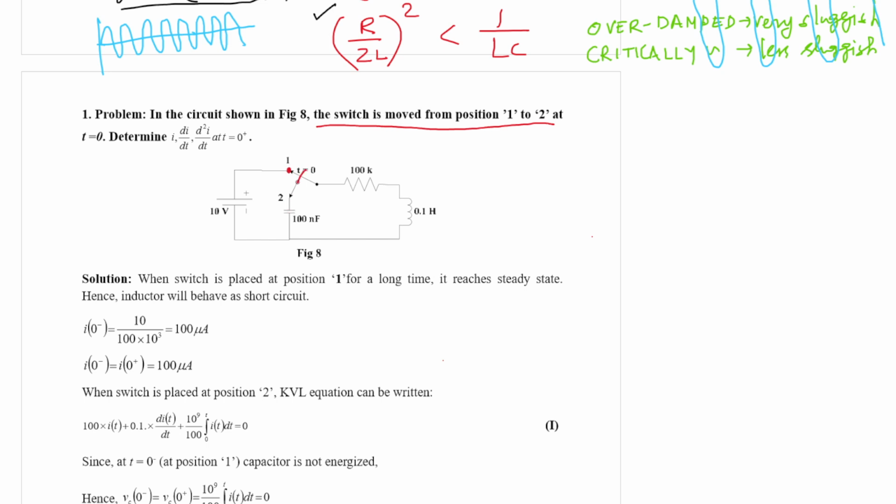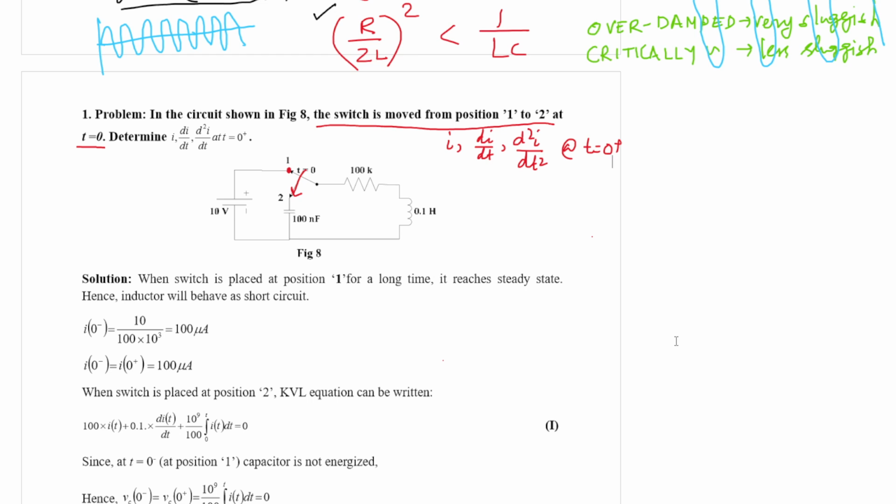That is why the arrow symbol is given in this direction. It is moved at t equal to 0, so the switching instant is t equal to 0. We should evaluate i, di/dt and d2i/dt2 at t equal to 0 plus.